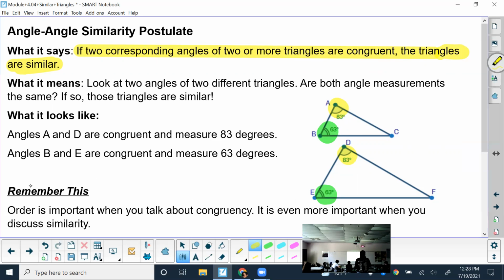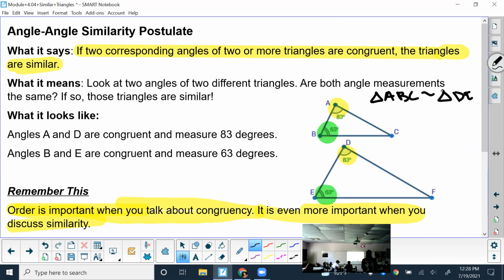And just a side note, order is important when you talk about congruency. It's also important when you talk about similarity. Because saying triangle ABC is similar to triangle DEF would be the correct way of writing it, right?